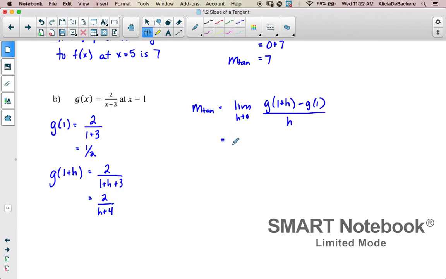All right, so now I can't take the limit at this point, so I'm going to sub in my expressions. And we've got that stacked fraction kind of thing happening. I still can't plug in 0, so I still haven't taken the limit.